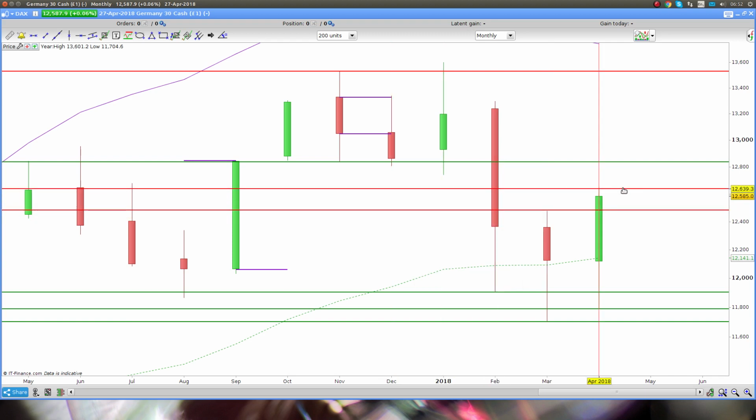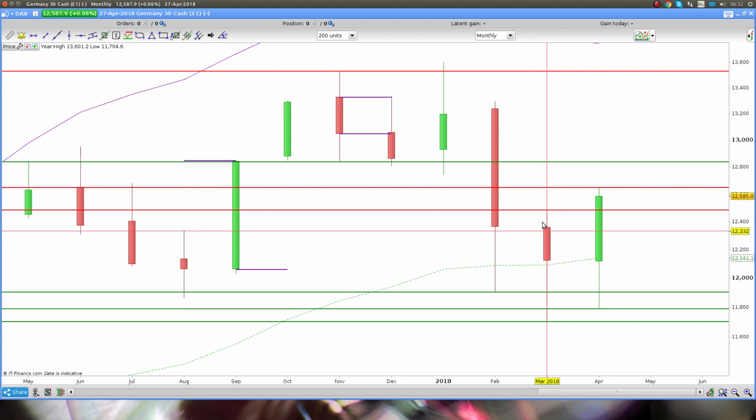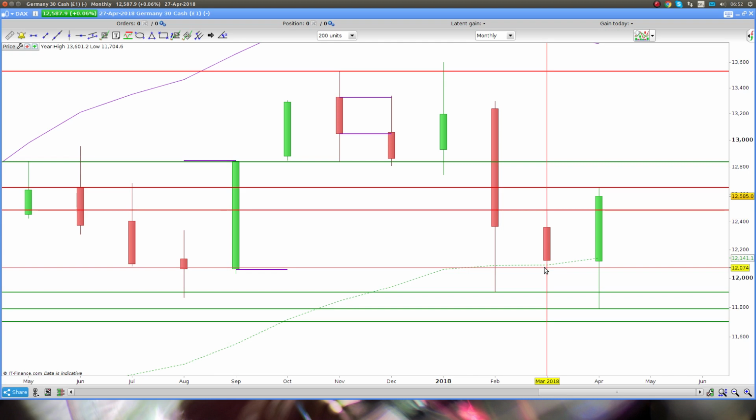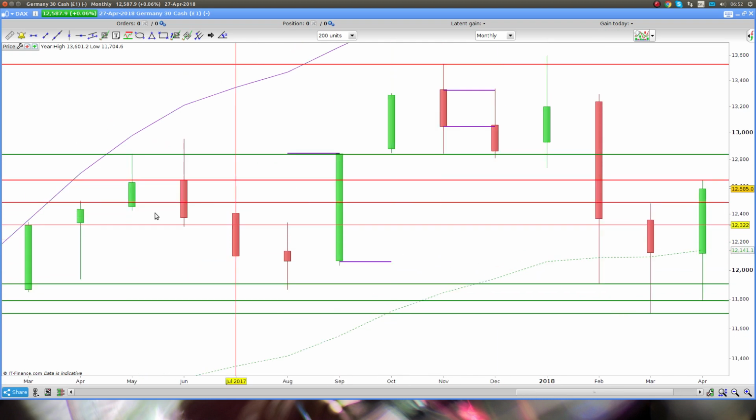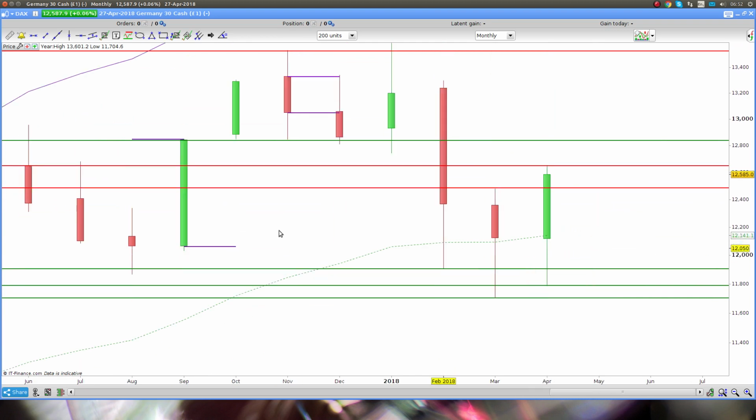Now why am I saying it's resistance? Well, obviously something is there that caused price to turn around. There is some form of resistance sitting here that got the sellers in to drive price to the downside. It may be something in the past, it may be any of my other levels, but for now let's just focus on support and resistance.